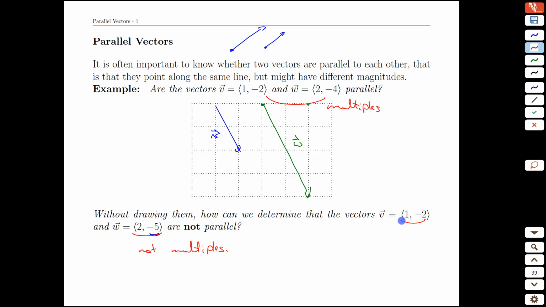If we look at the components from 1 to 2, I scale it up by 2, and from negative 2 to negative 4, I scale that up by 2 as well. So it's the same multiplier for both the x and the y components to translate from one vector to the other. That doesn't work when we look at the scenario down here with 1, negative 2 and 2, negative 5.